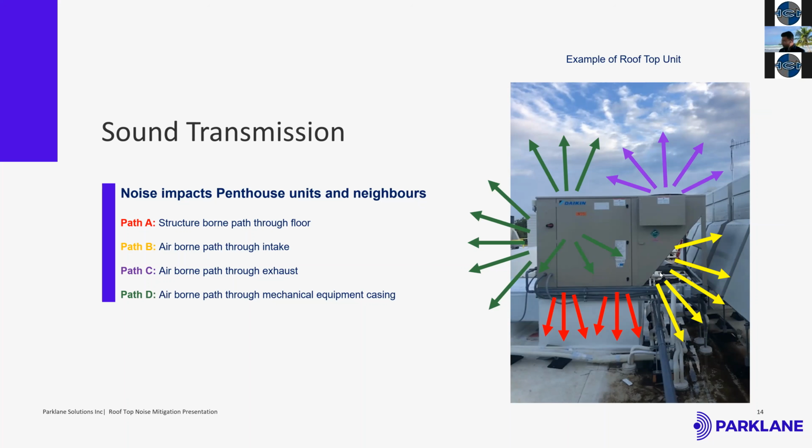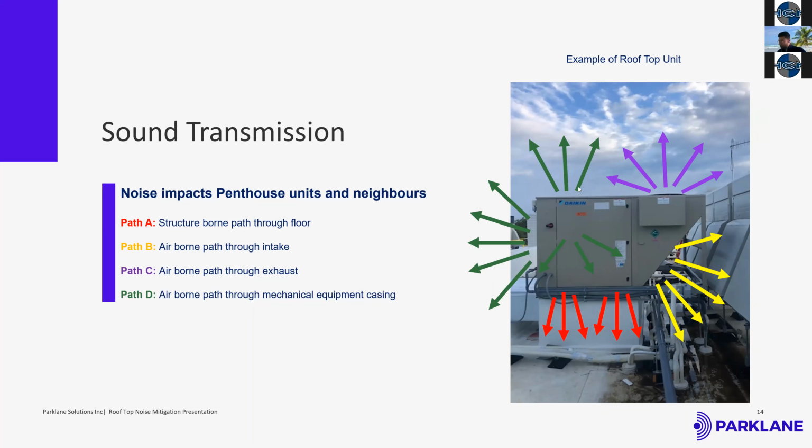And intake noise. Even though this is one piece of equipment, there are really multiple sources within the equipment. For instance, the intake noise is really dictated by the compressor unit that's very close to the intake opening, whereas the exhaust noise is dictated by the noise coming from the condenser fans, or exhaust fans.